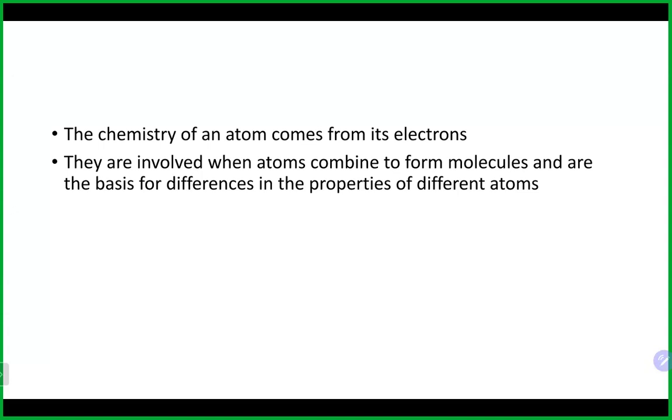And the only thing that happens in a chemical reaction is we break bonds and then we make new bonds. And that is all electron based. We never really touch any of those particles in the nucleus, like protons or neutrons, in a chemical reaction.